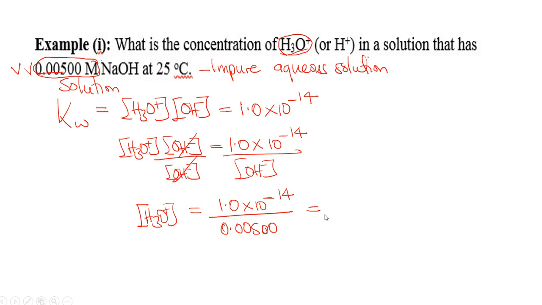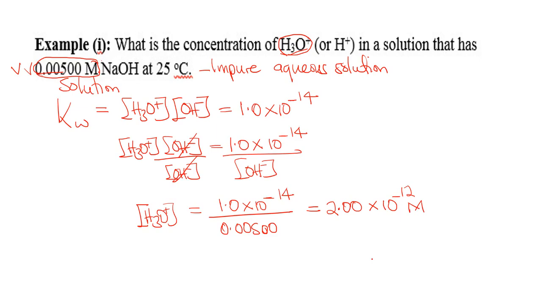So it gives us the concentration of the acid as 2.00 times 10 to the power minus 12 molar.